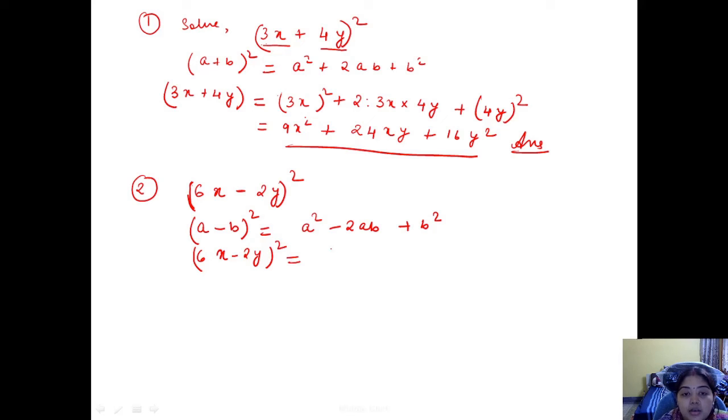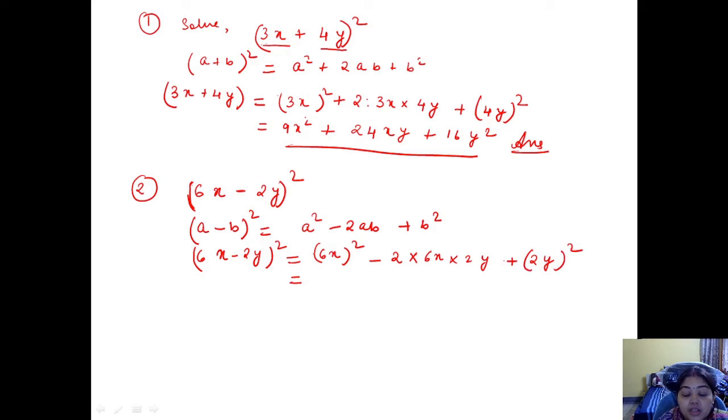What will we be getting here? Now a square. Here 6x is my a. So (6x) whole square minus 2 into 6x into 2y plus (2y) whole square.